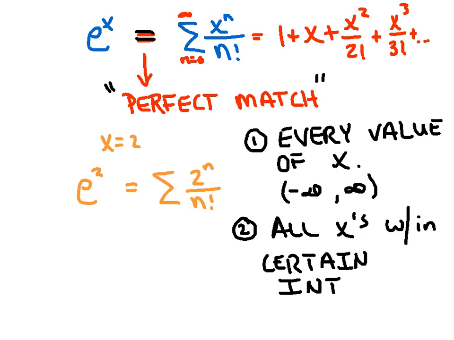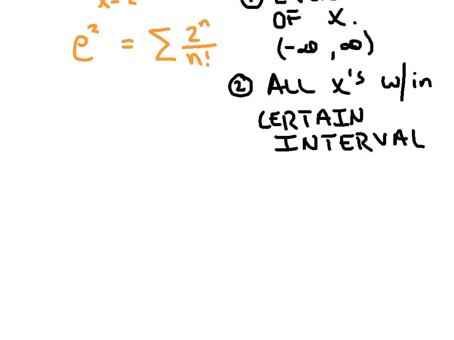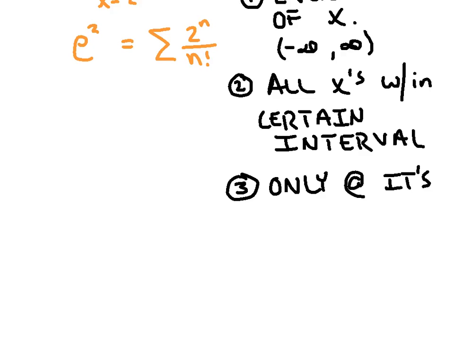So not quite negative infinity to infinity, but a healthy interval, and we'll say anything within that interval is legal. And then the third possible outcome is you'll get a power series that works only at its center. It converges only at its center and nowhere else. So basically this is the worst case scenario. At a bare minimum, every power series is guaranteed to converge at least at its center, and then hopefully it'll converge for more values beyond that.